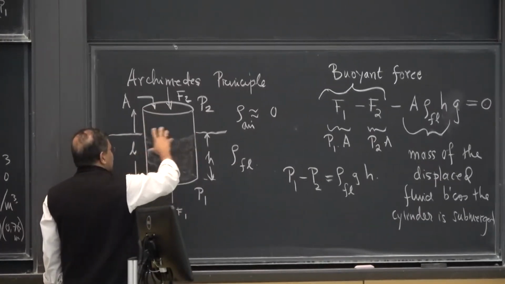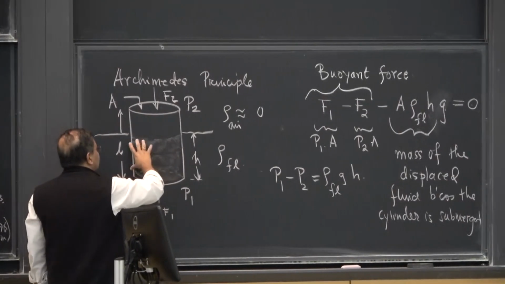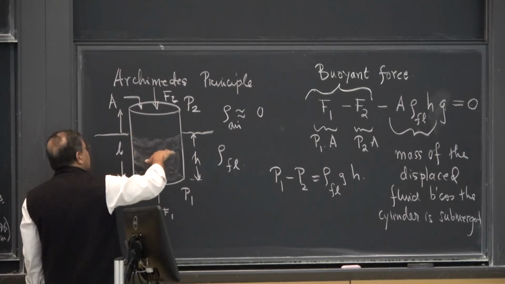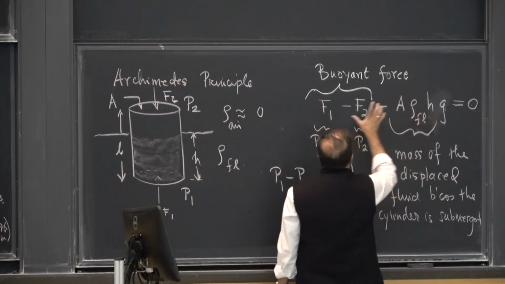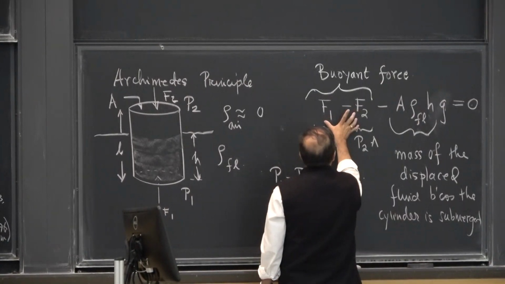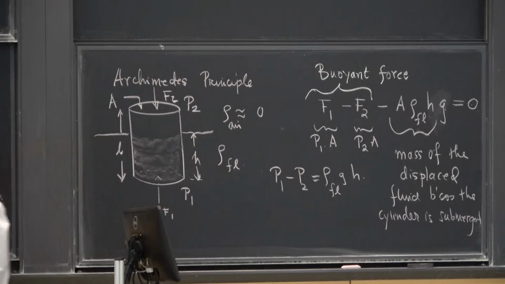an object like this is displacing a certain amount of water. The idea is that the weight of this displaced water is what gives you the buoyant force. So this buoyant force effectively acts upward.